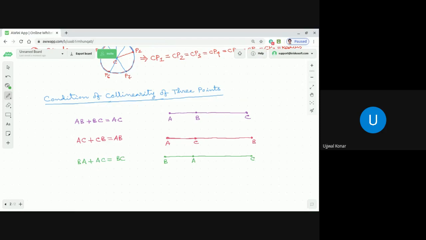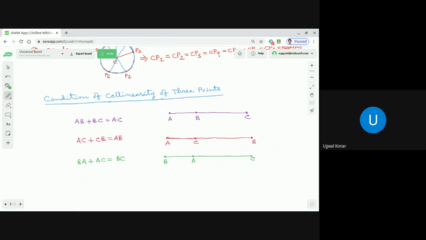So these are the conditions for collinearity. You see, dear student, that when you are given the coordinates of 3 points, you do not know exactly what their relative position is. You can plot them on graph paper and find it out.